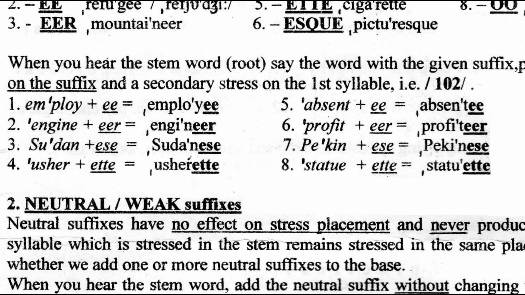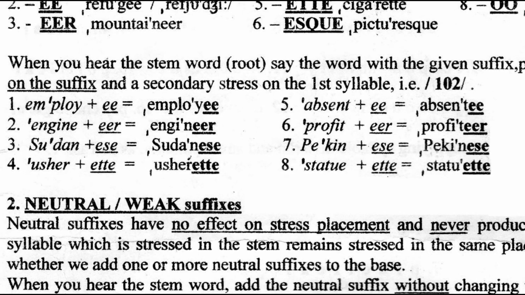Number 2, engine plus the suffix eer, it becomes engineer. Number 3, Sudan plus the suffix ese, it becomes Sudanese. 4, usher plus the suffix ette, it becomes usherette.